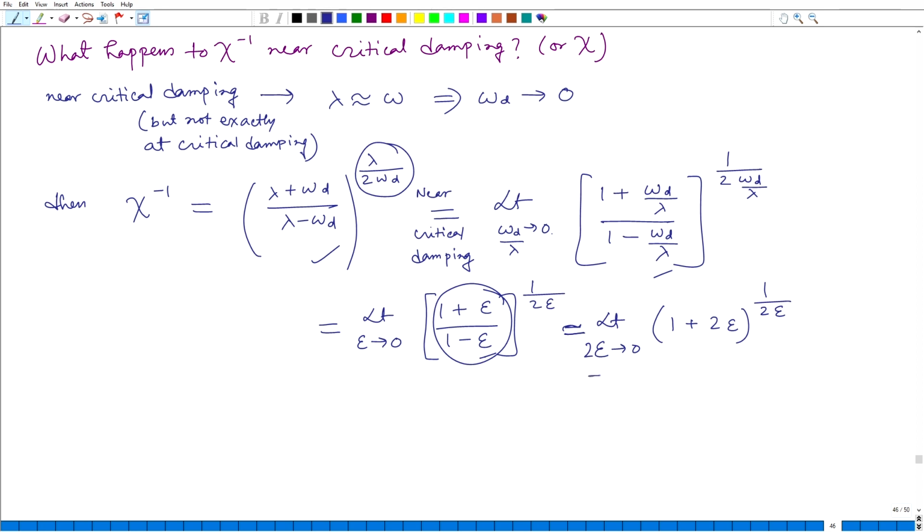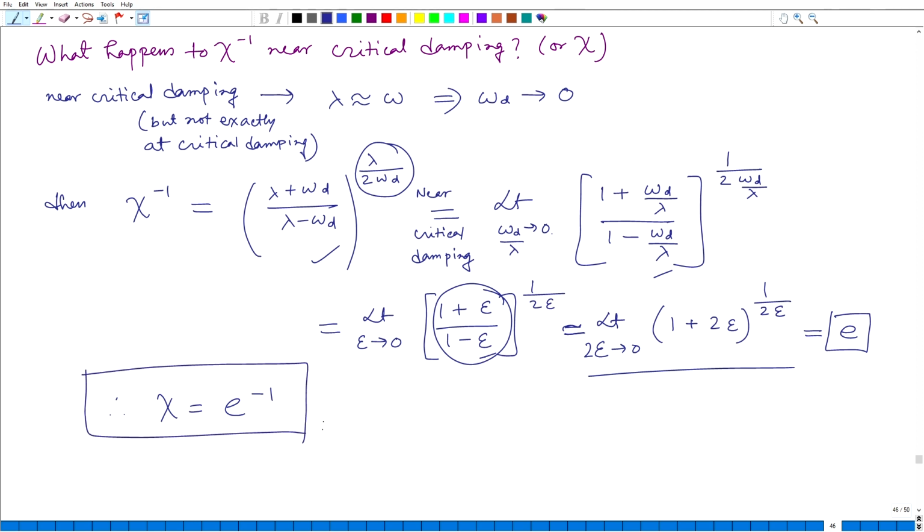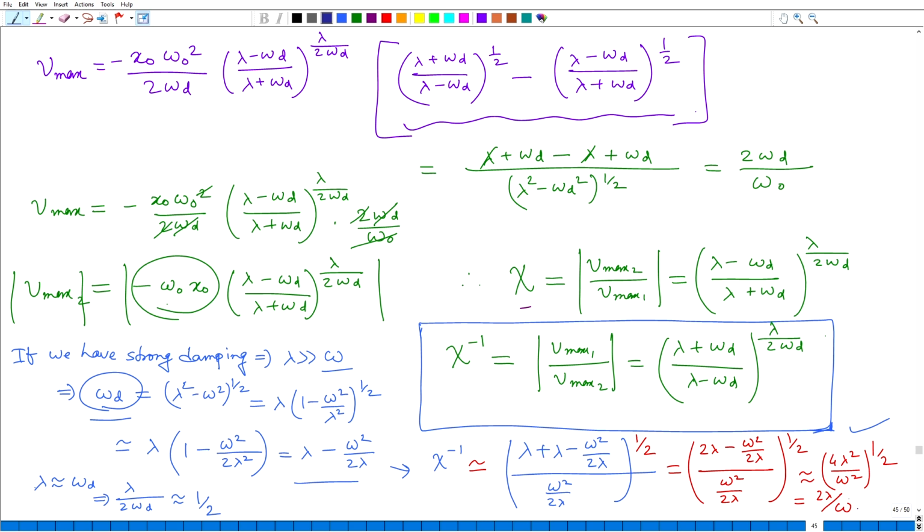Do you know this limit? This limit has a very interesting value, this is equal to e, that is the exponential e. Okay. And then chi will actually be e to the minus 1. Okay. So, you see that near critical damping, this ratio has a very fixed value, which is 2 point whatever 718. Okay. And then here you will have something 2 lambda by omega.